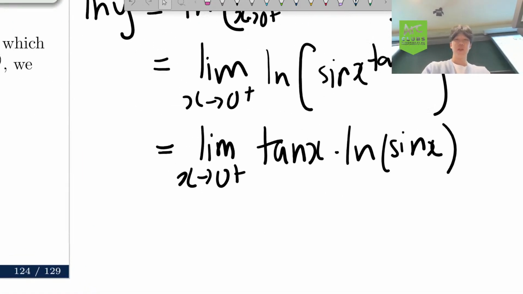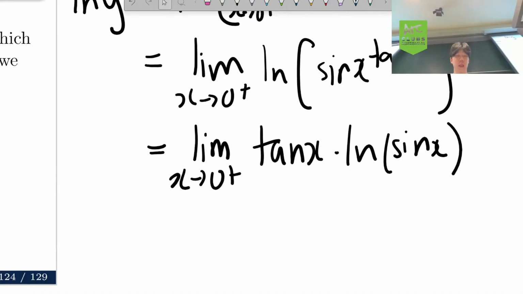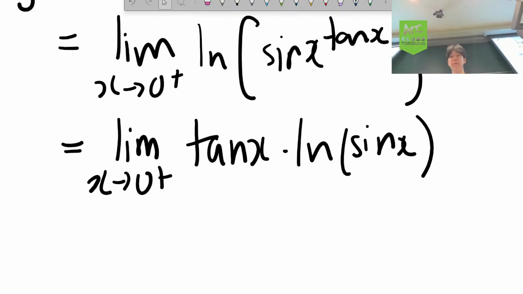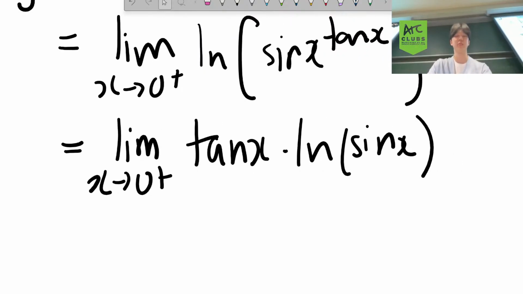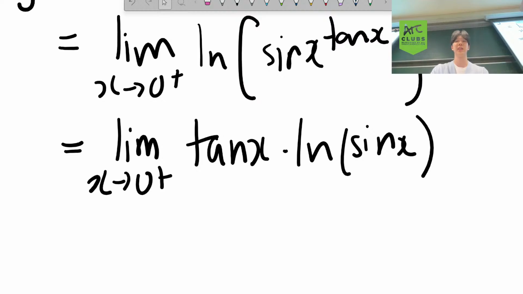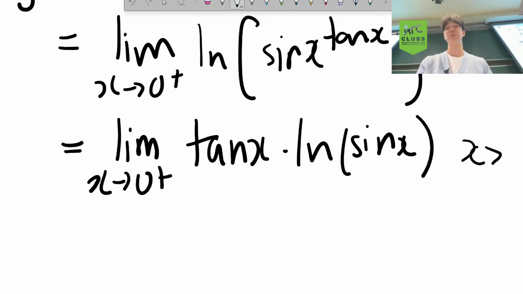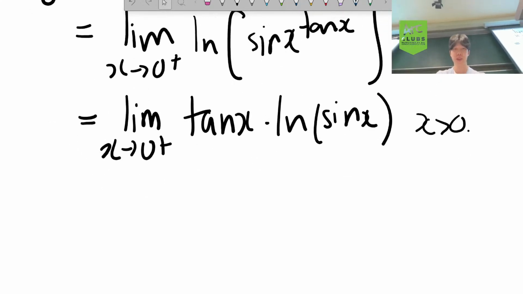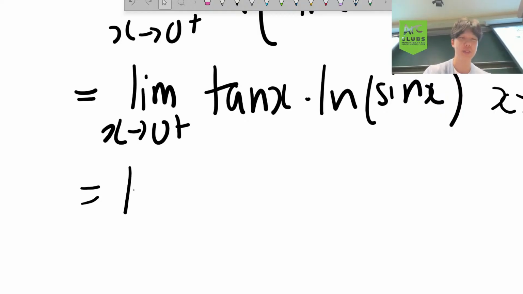Now if I just try and sub in 0 after doing that manipulation, tan x is 0, that's fine. But here, sine x, when x is 0, is going to be 0. But we can't have ln 0 because ln is defined only when the inside is greater than 0. So we're kind of stuck. Actually, there is another trick we can do.